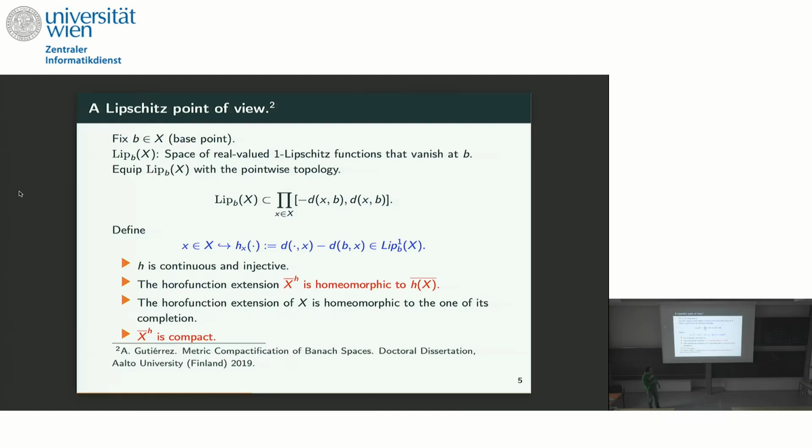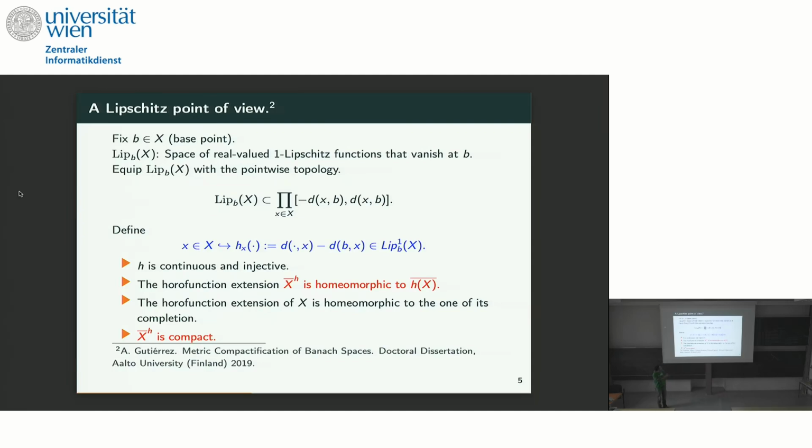The horofunction extension actually is homeomorphic to the closure of H(X). With this, due to the extension of Lipschitz functions, we can easily see that the horofunction extension of a metric space coincides with the one of its completion, and also that it is a compact space.